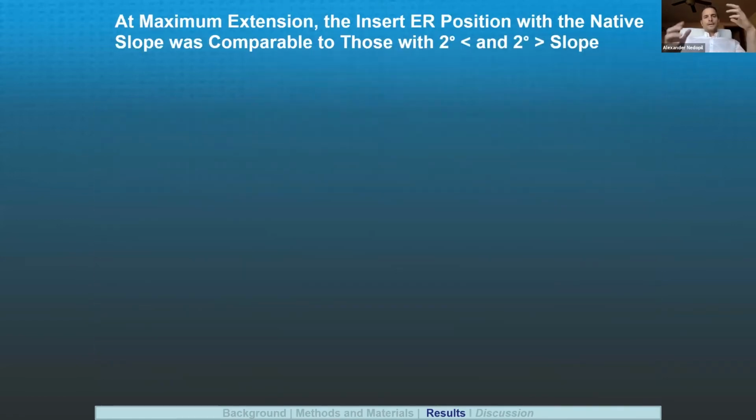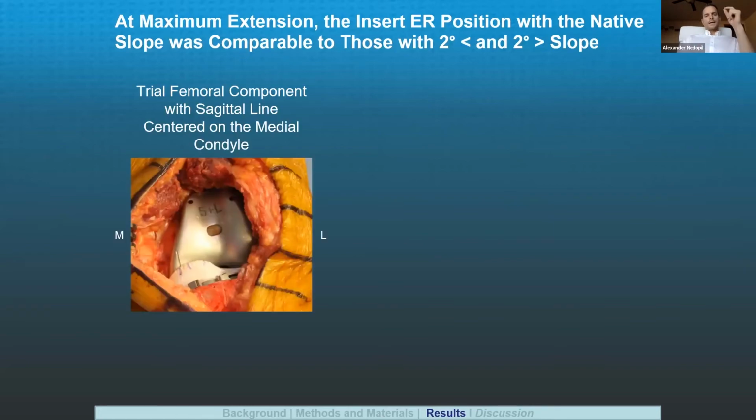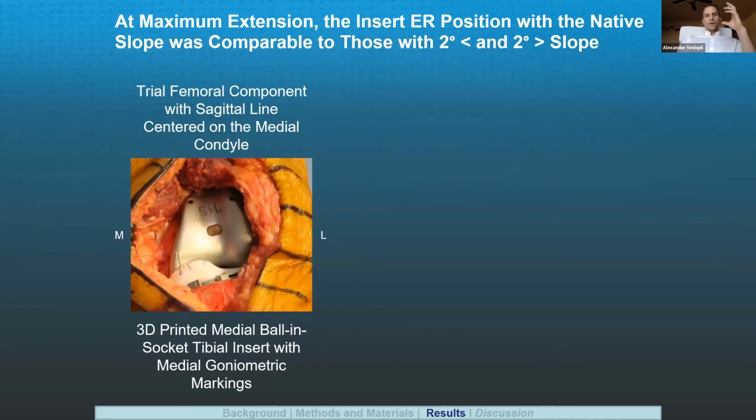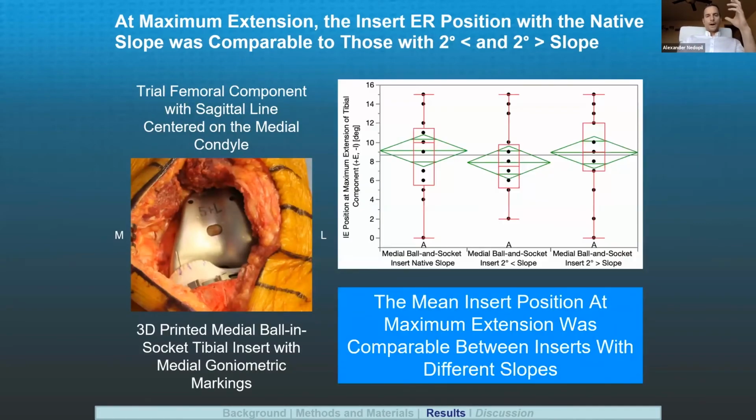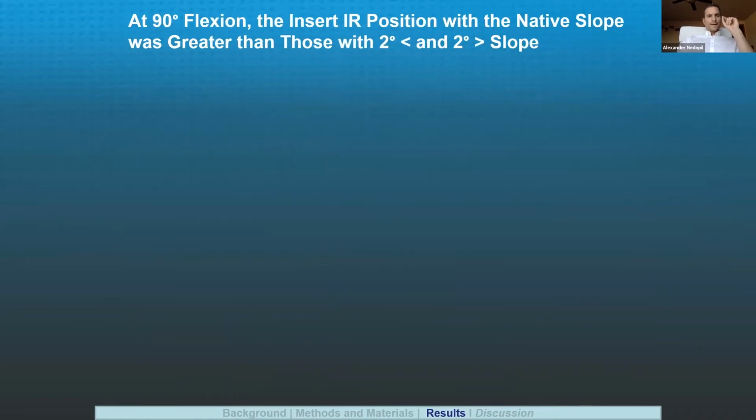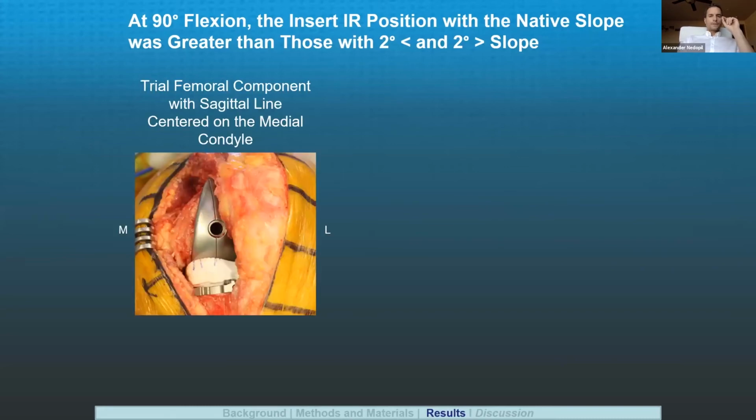Now the question comes, is the change in range of rotation due to a difference in the position of the tibia on the femur at maximum extension, or at 90 degrees of flexion? At maximum extension, all 3 different inserts had a comparable position in external rotation. However, at 90 degrees of flexion, the insert internal rotational position with the native slope was greater than those with the altered slope.